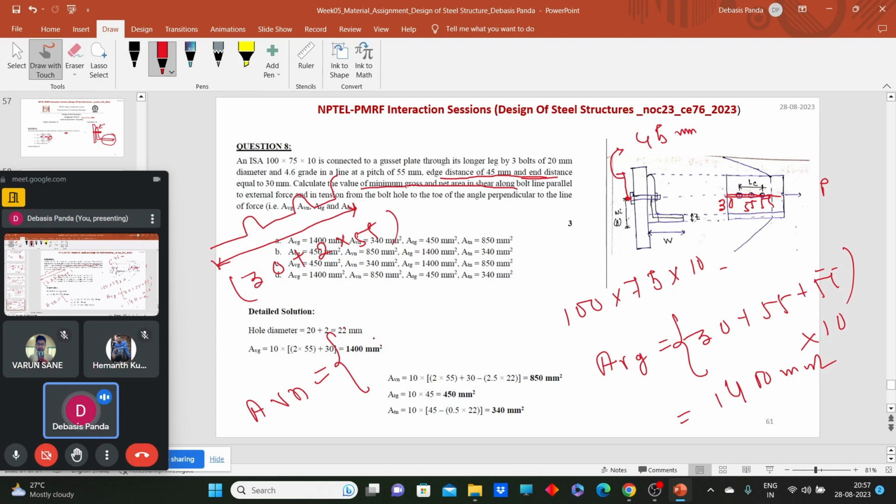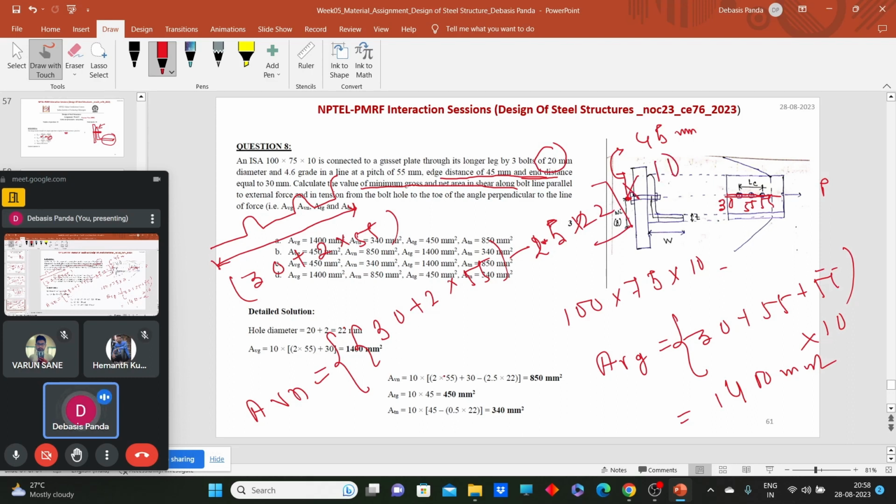So what will be the AVN value? AVN is nothing but 30 plus 2 into 55 minus how many bolt holes we need to deduct here? 2.5 number of bolt holes. So 2.5 into the diameter of the bolt hole. The diameter of the bolt is given as 20 mm, so the diameter of the bolt hole is 22 mm, multiplied by the thickness of the plate.